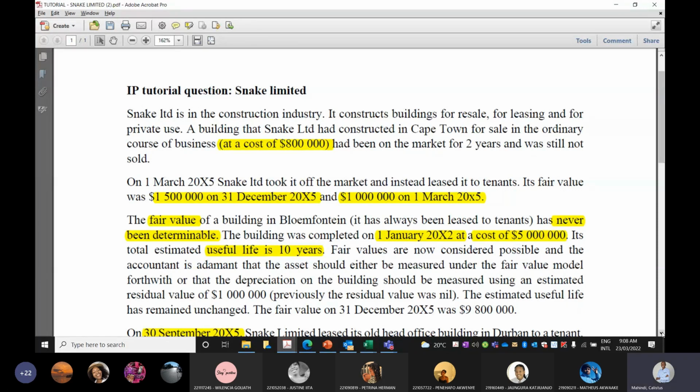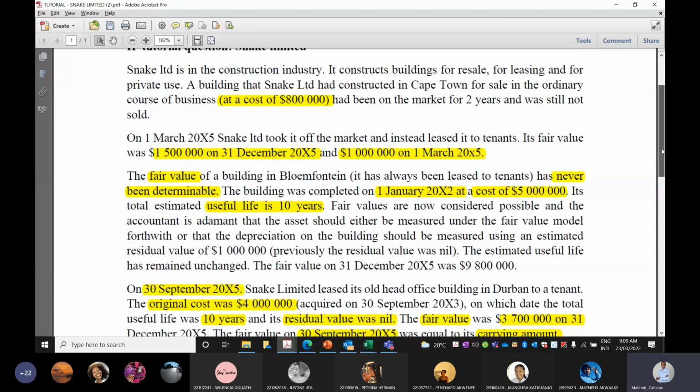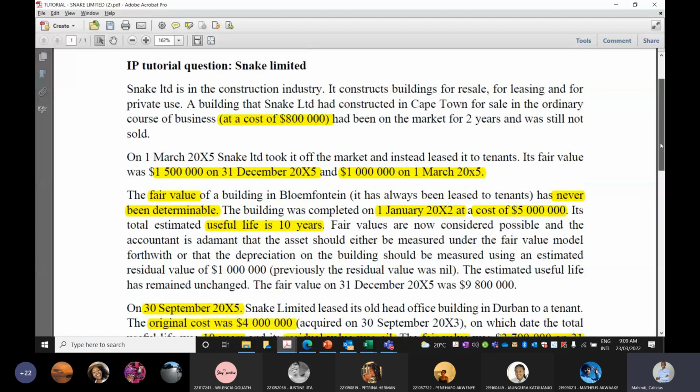We know that this property, as a change in use, changes from inventories and becomes investment property.